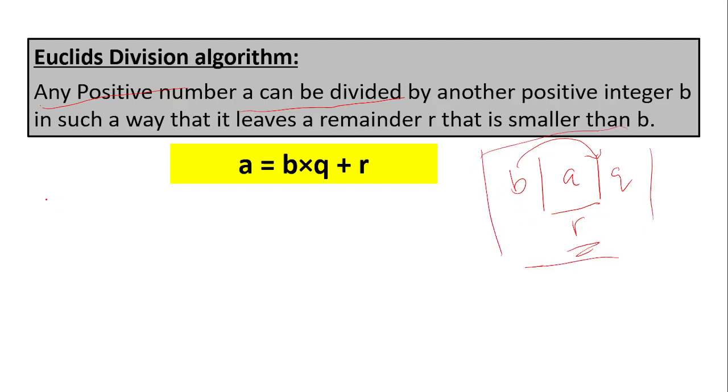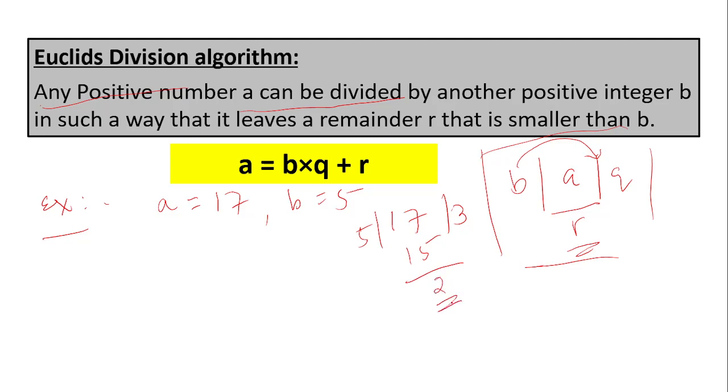Let us take an example. Suppose you took a as 17 and b as 5. After dividing 17 by 5, we'll get 3 as quotient, and just subtract 15 from 17, you will get 2 as the remainder.